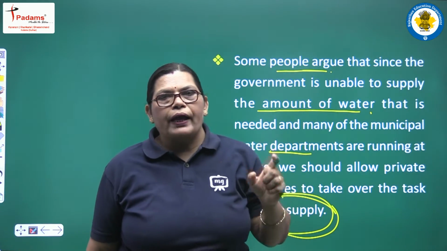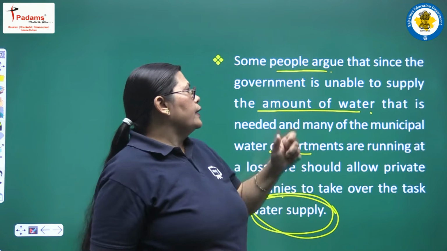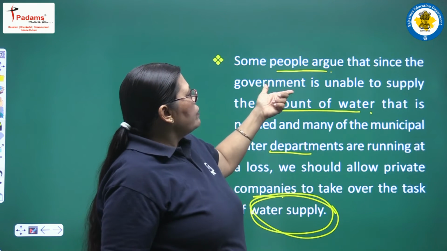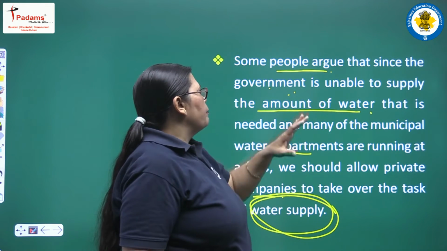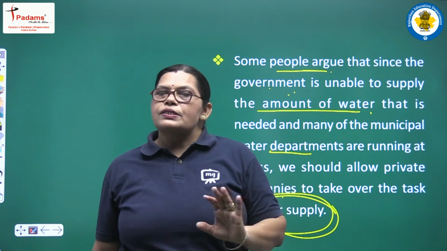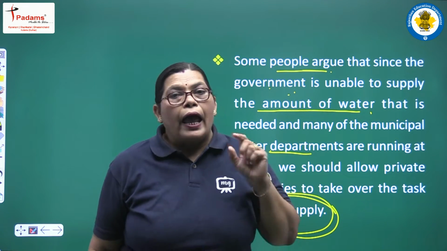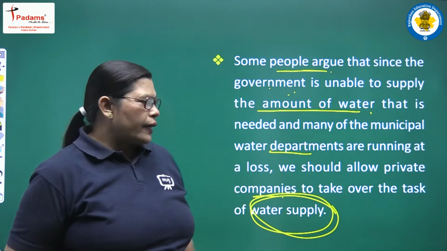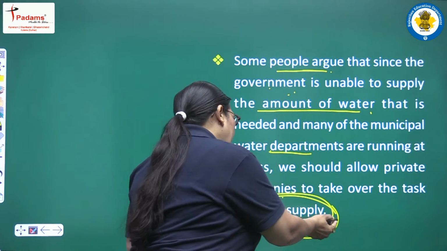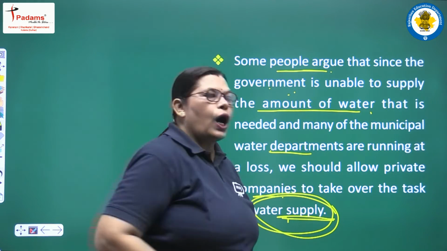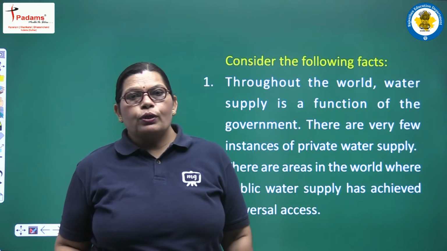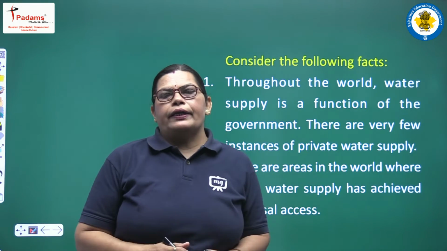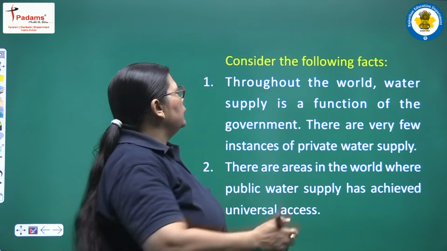What's the argument behind it? The argument is that our government body is totally unable to supply a sufficient amount of water. Students, here people argue that private sectors should be allowed to take over water supply because they have a very systematic framework for all these things.